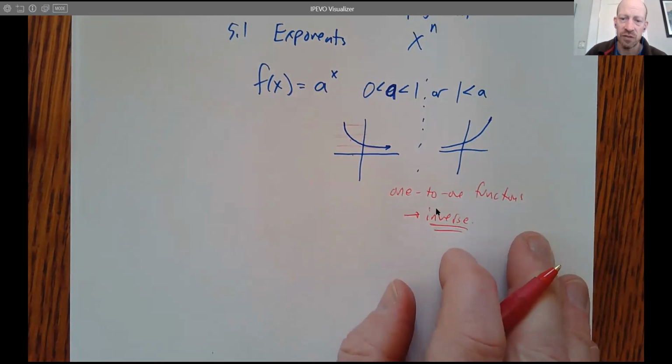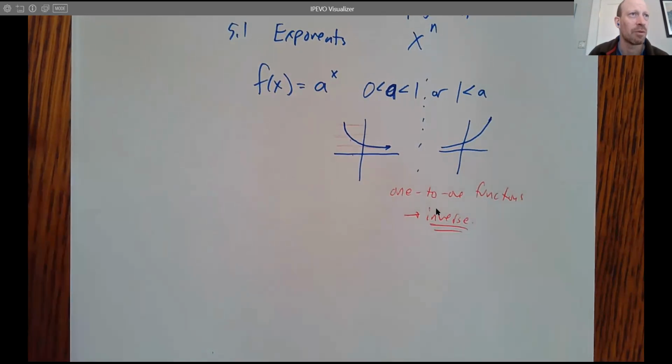Back in section 2, we looked at inverse functions.